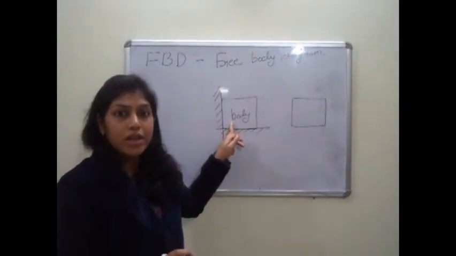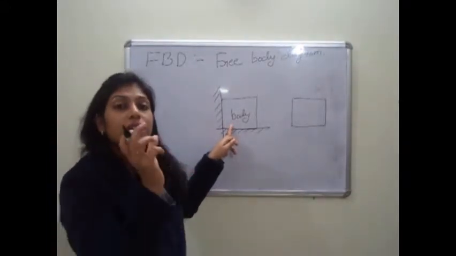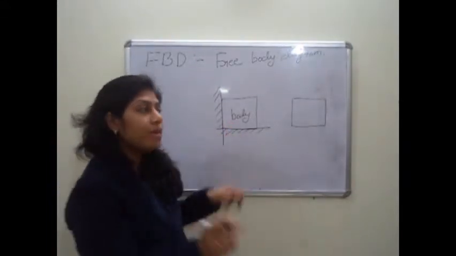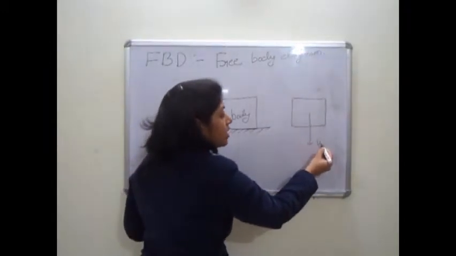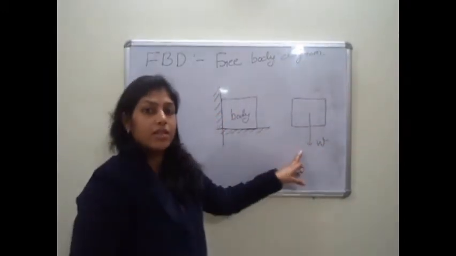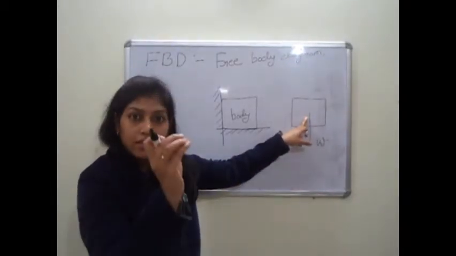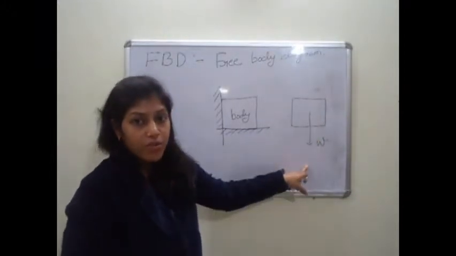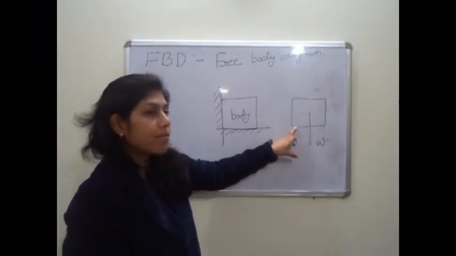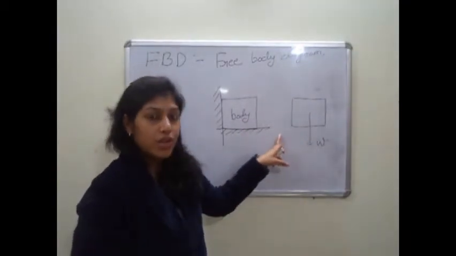There is no externally applied force on the body, so we will consider the one and only force to be the self weight of the body, and the body is supported by the horizontal floor.